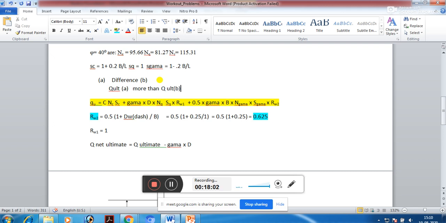Once your ultimate bearing capacity changes, obviously your net ultimate bearing capacity will change, your net safe bearing capacity will change, safe bearing capacity will change, everything is going to change. So you have understood through this problem that the effect of water table on bearing capacity is that it will reduce the ultimate bearing capacity. Is it clear? Okay. Let us go to the next part.